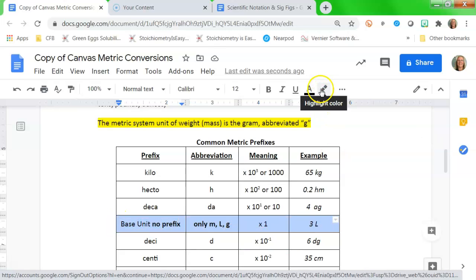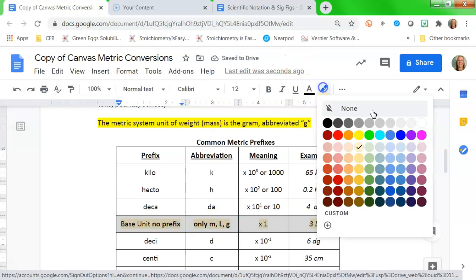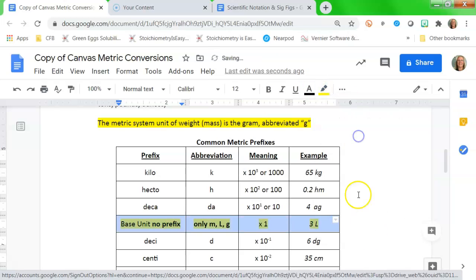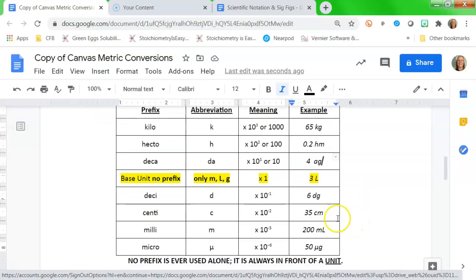Okay, cool. So if those are our three base units, that's where we find these right here. If we want to represent a measurement that is either larger or smaller than that, many times we have to use prefixes. So we are going to use prefixes that are bigger than 1, meaning kilo for 1,000, hecta for 100, or deca for 10, or prefixes that mean something smaller, like deci for 1/10, centi for 1/100th, and milli for 1/1000th.